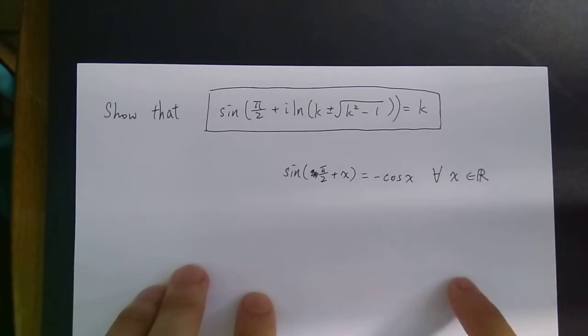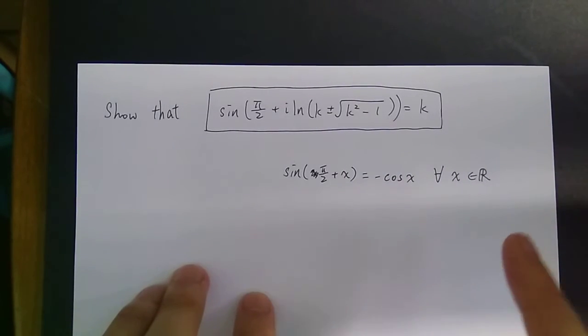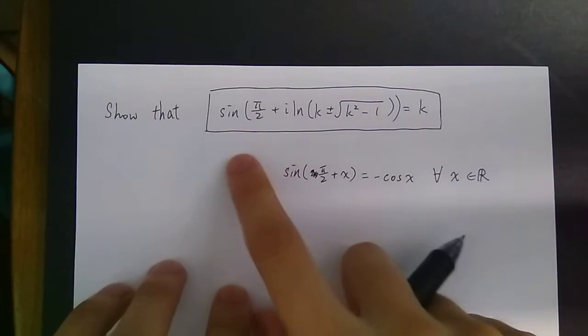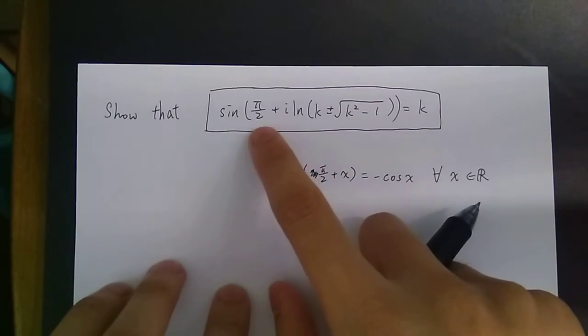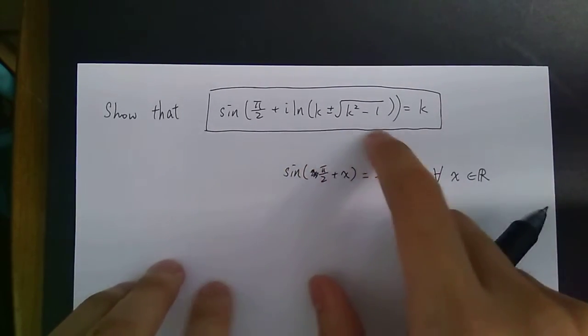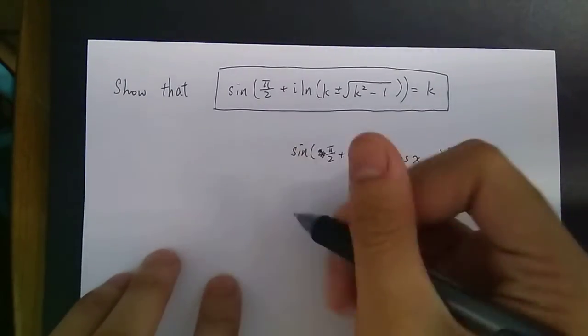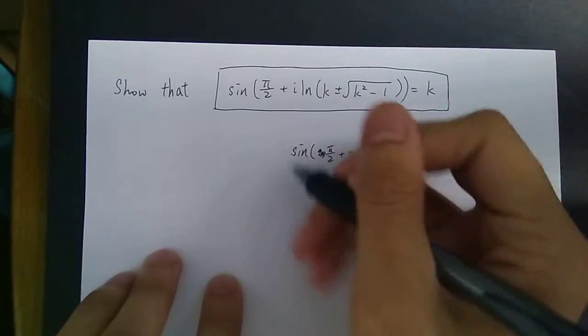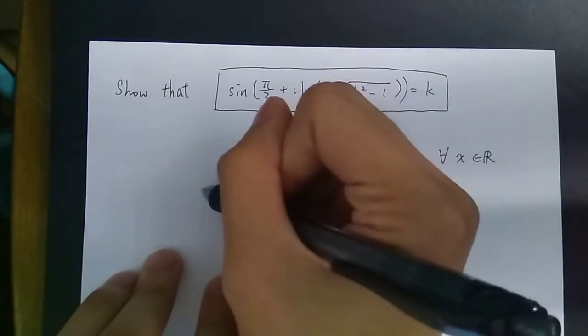I think the first thing we should do is use the double angle formula to evaluate the sine of pi over 2 plus i natural log of k plus or minus square root of k squared minus 1. So let's get started.